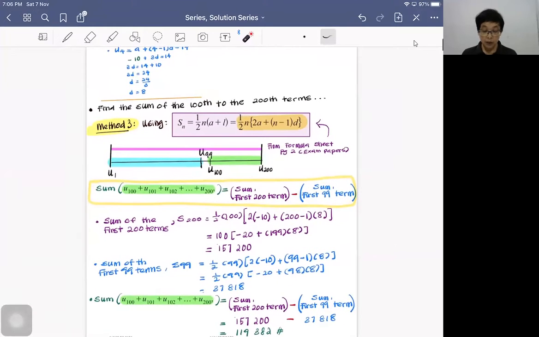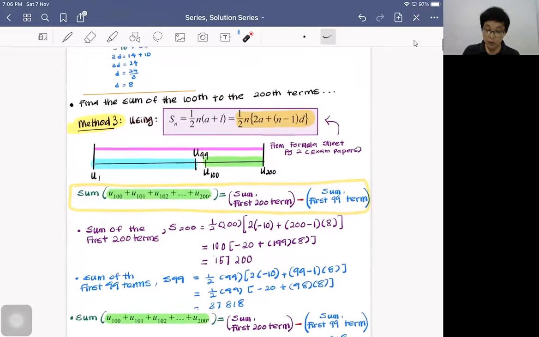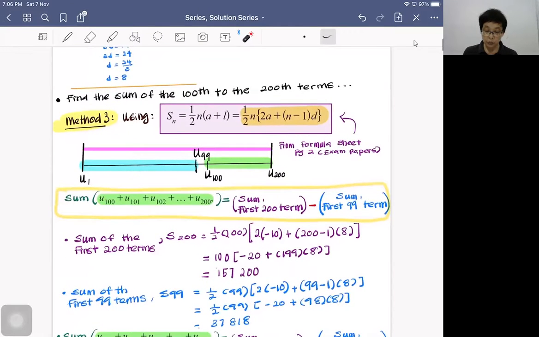The third method will be easy if you look at this drawing or this diagram. We are actually using this perspective.